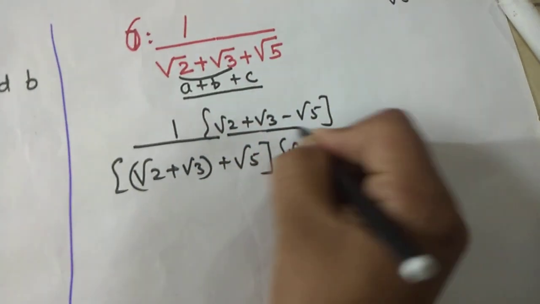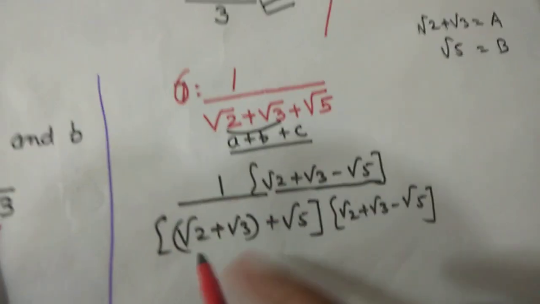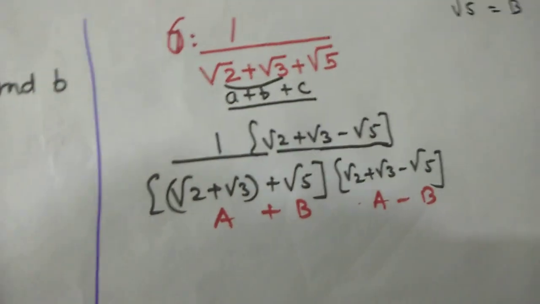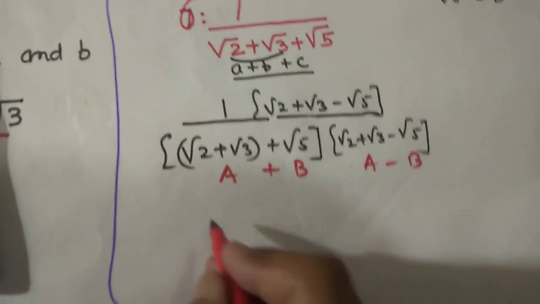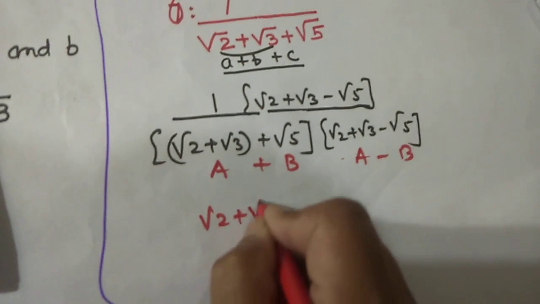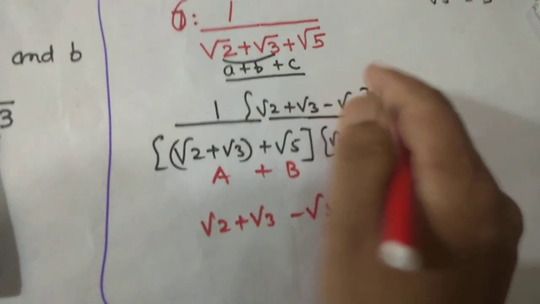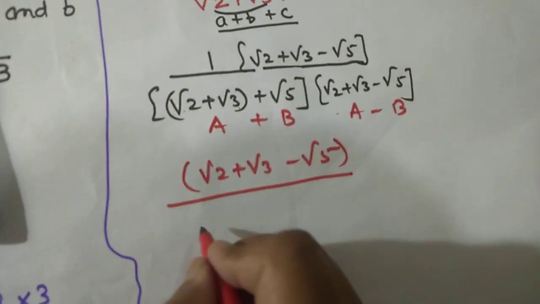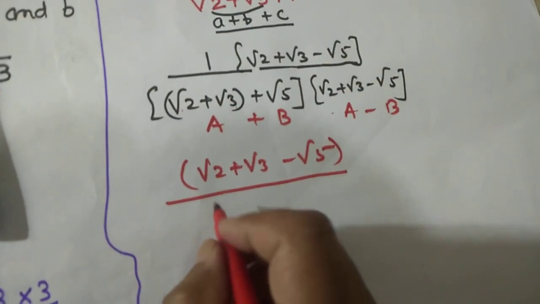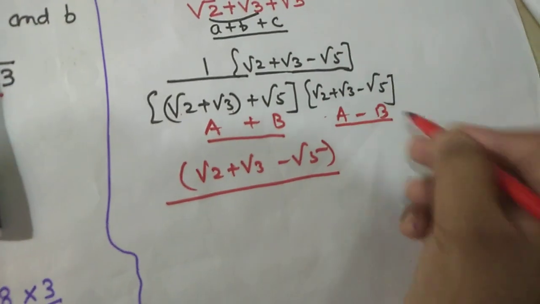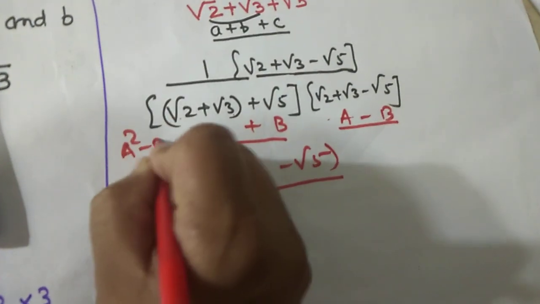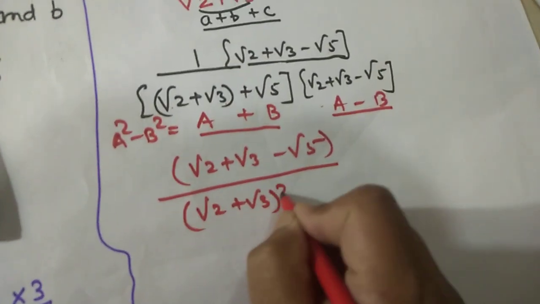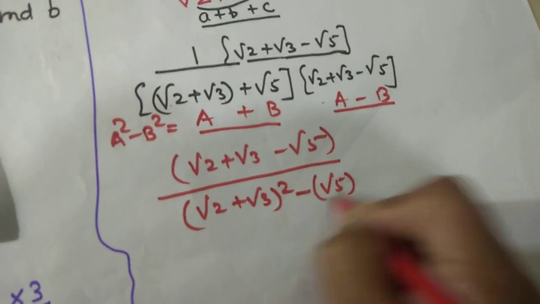Maybe you will be confused here, so I am writing once again, this is A plus B, A minus B. Multiplying by 1 gives the same value, divided by root 2 plus root 3, A square minus B square. Already I have given A plus B, A minus B, A square minus B square.